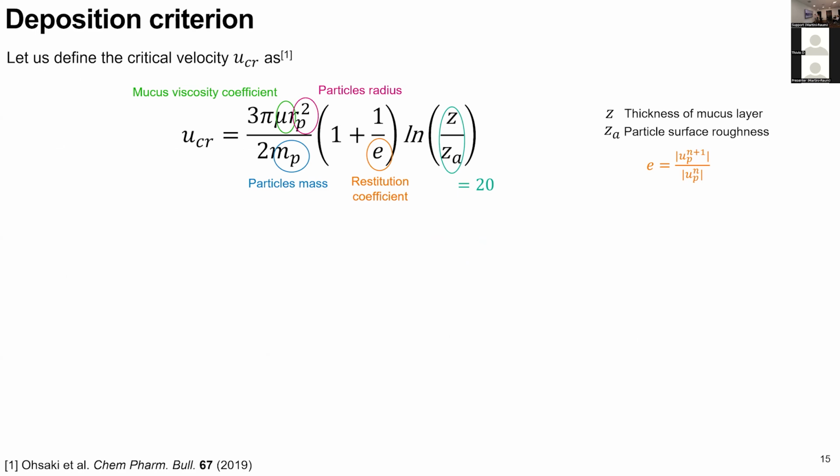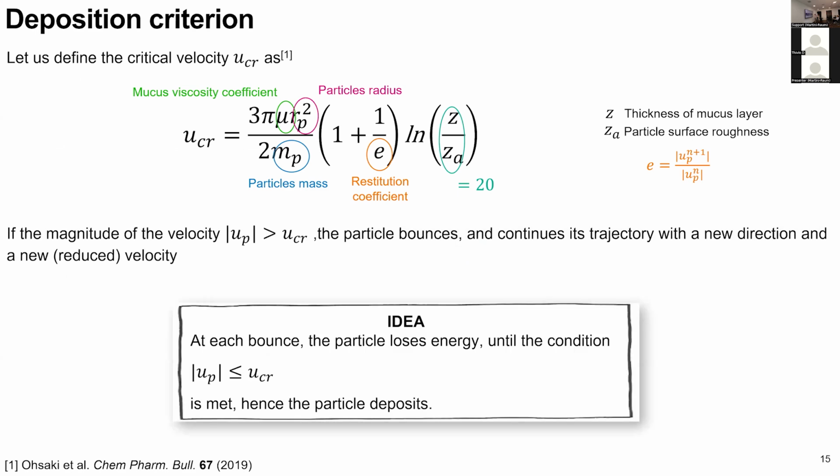The idea is that if the magnitude of the particle velocity is greater than the critical velocity, then the particle bounces and continues its trajectory with a new direction and a new reduced velocity. At each bounce, the particle loses energy until the deposition criterion is met, in which case the particle deposits.